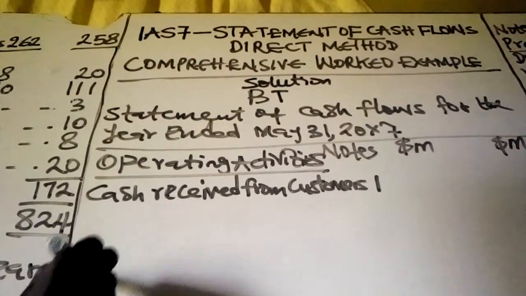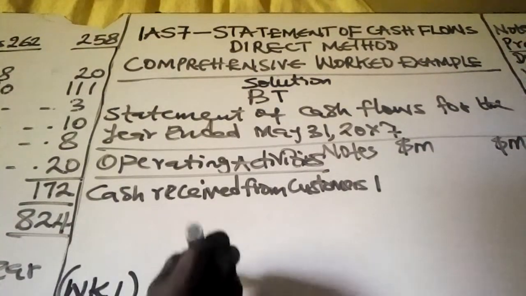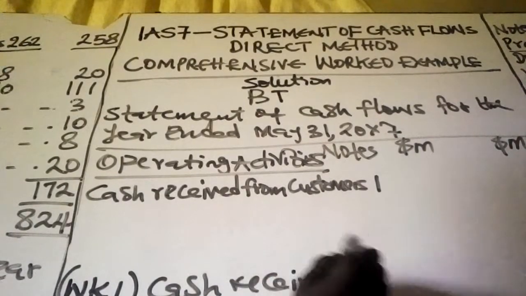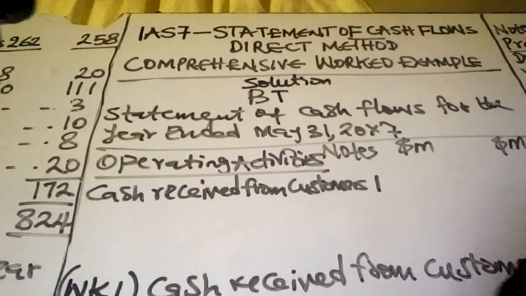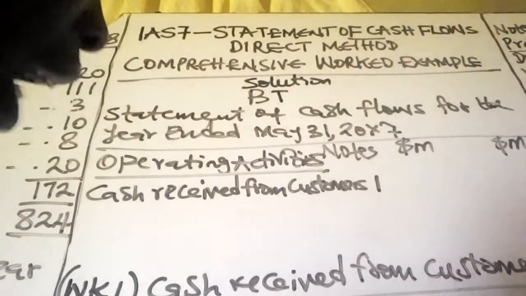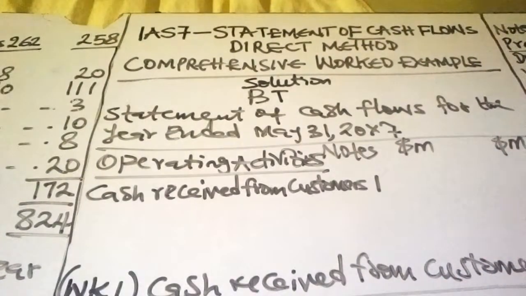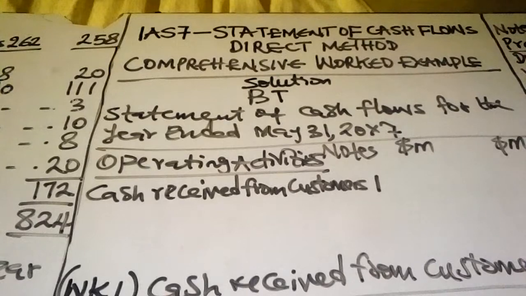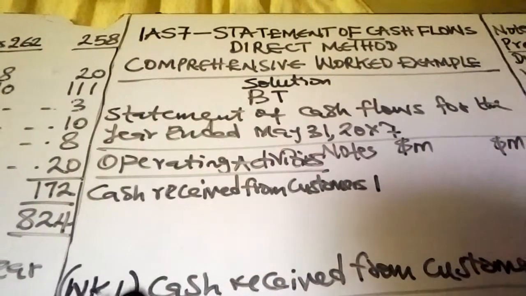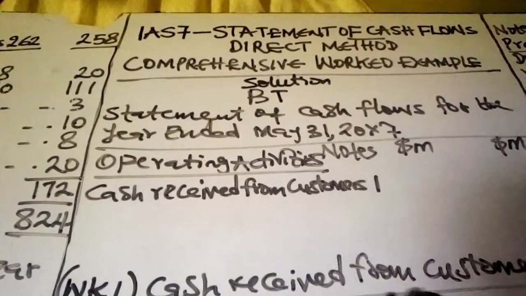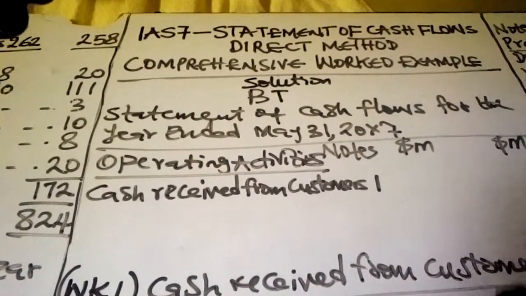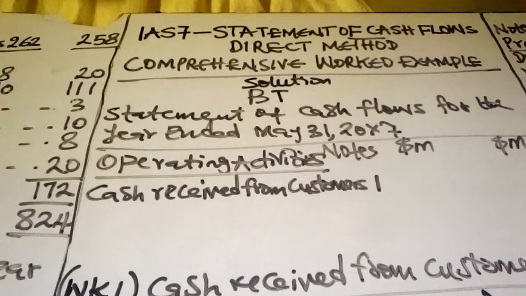Let's have that as working 1. We want to calculate the amount of cash received from customers. We start with the opening balance of receivables, which will be found in the opening statement of financial position.